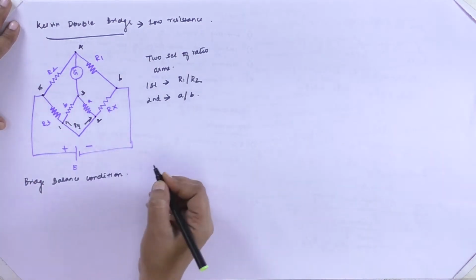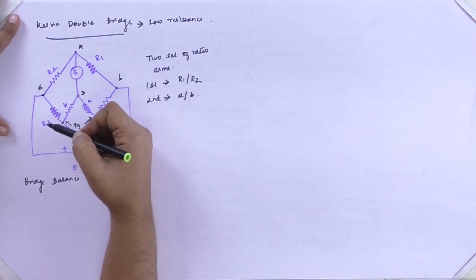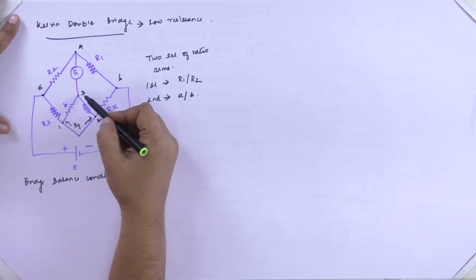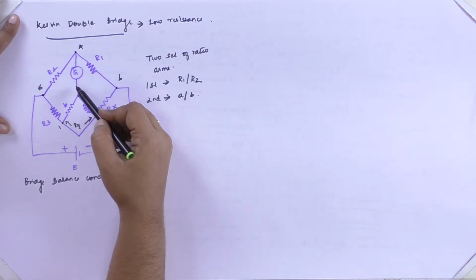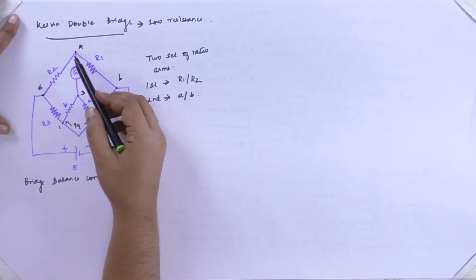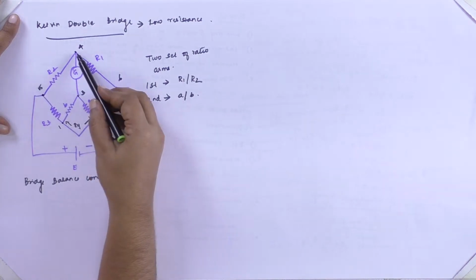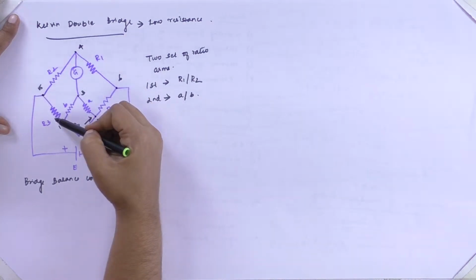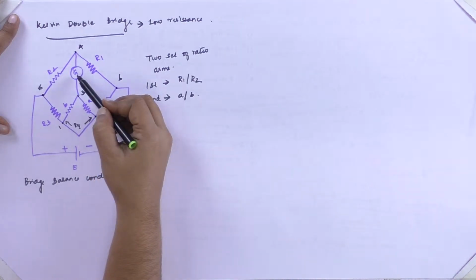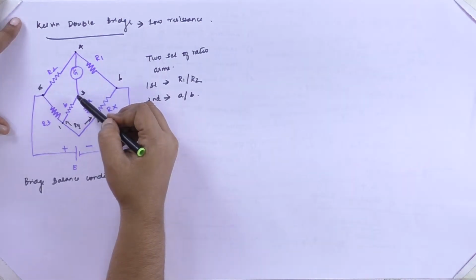The bridge balance condition: when the variable resistance R3 is varied, the bridge is balanced such that the current through the galvanometer is 0. As in the Wheatstone bridge, the potentials will be equal when the galvanometer reads 0 current, because the potentials at 4 and 3 will be equal.